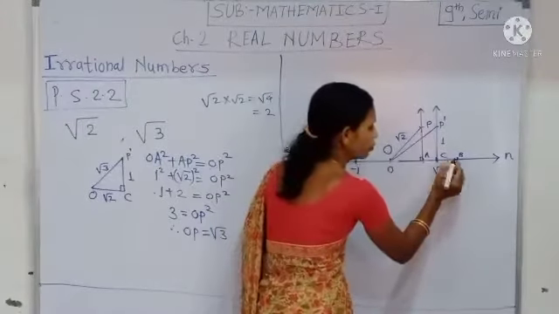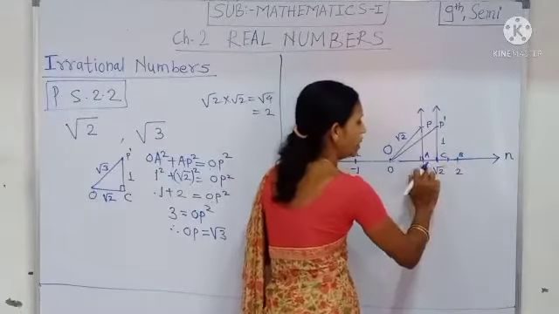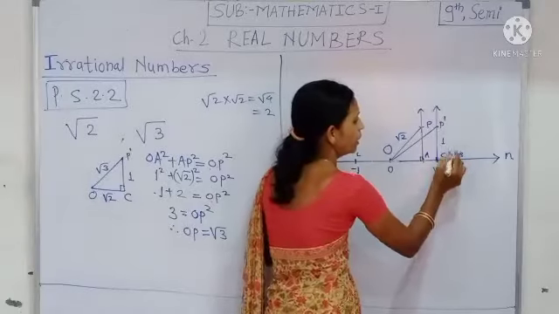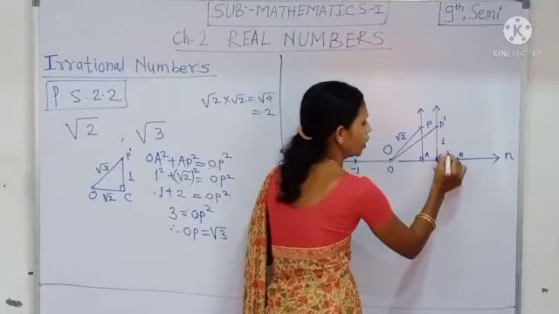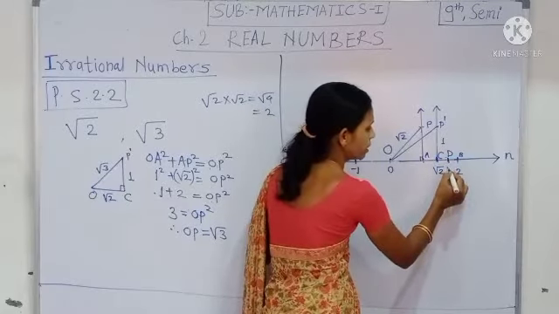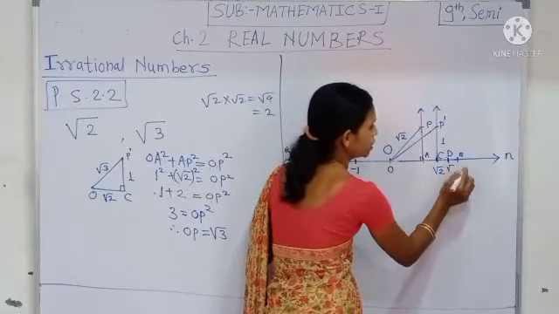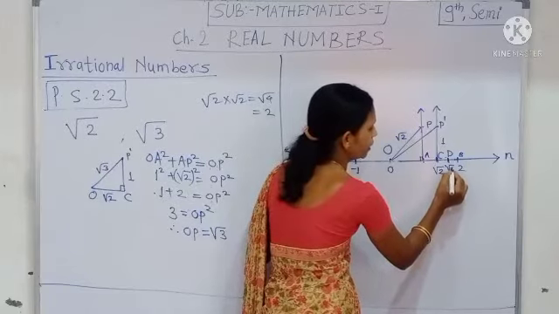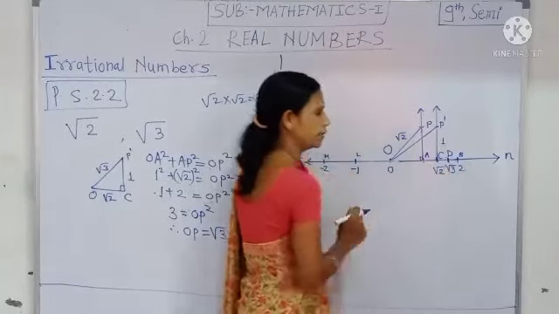Then we get one more point on the number line between A and point B, that is point D. See here, the coordinate related with that point D is root 3.